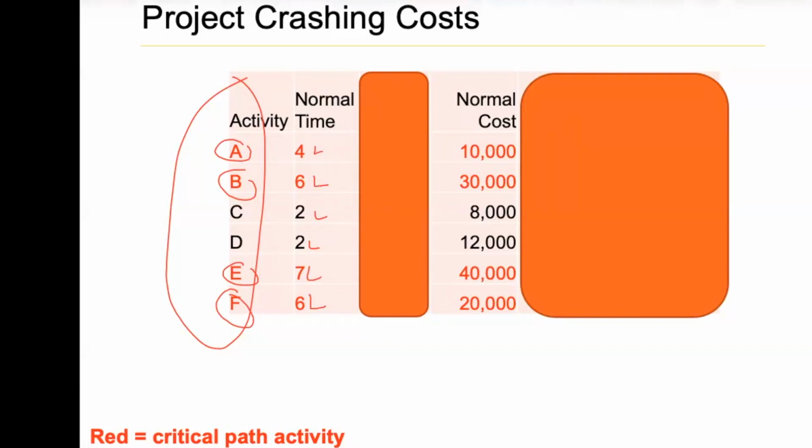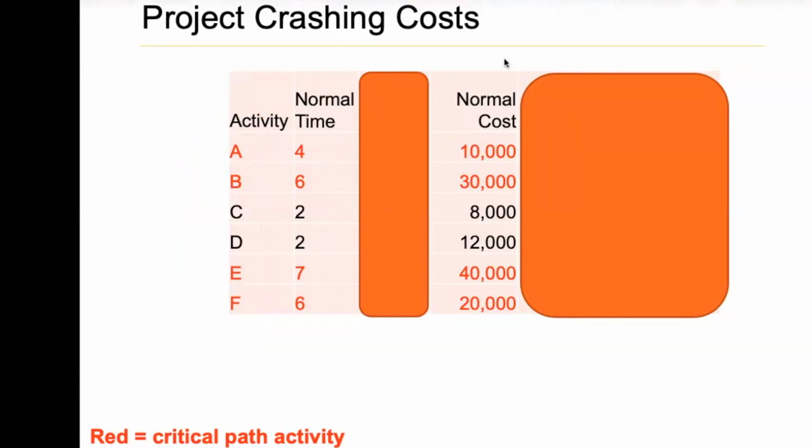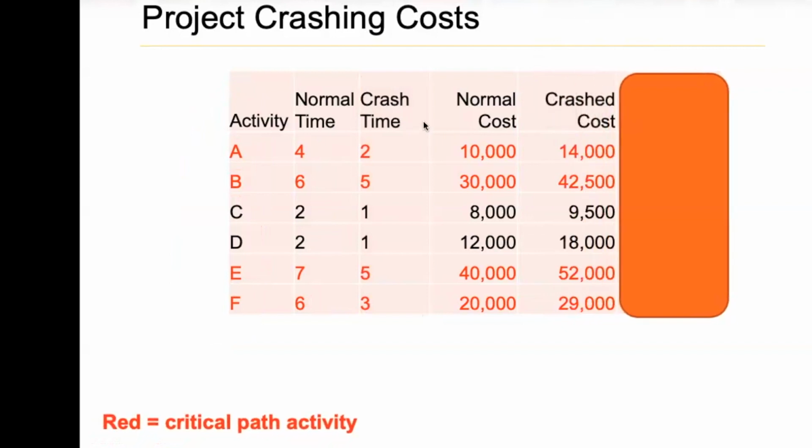So what I need to know here is, how much can I compress and how much will it cost me? Let's say I can crash time 4 down to 2, 6 down to 5, 7 down to 5, 6 down to 3. You cannot just make it 0, right? There will be some physical things that you need to do, that's why you have this crash time.